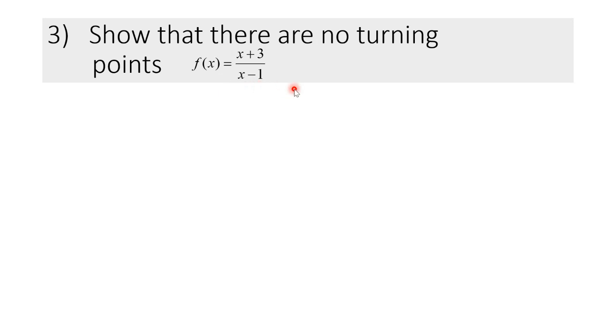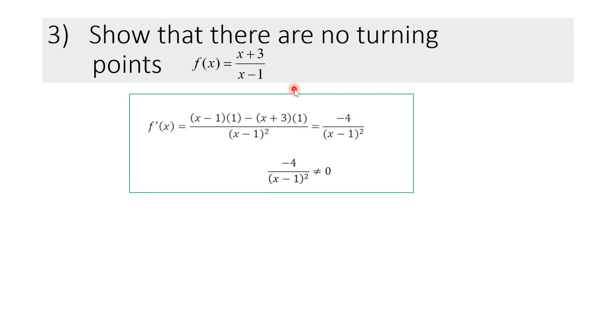If I apply the quotient rule, I end up with my x terms cancelling out, and I end up with negative 4 over x minus 1 squared, which clearly cannot equal 0, because the only way that a fraction can equal 0 is if the numerator is equal to 0. So if the numerator is already equal to negative 4, there's no way it can ever equal 0. Hence there are no turning points.